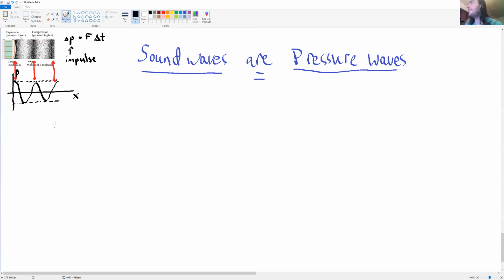Okay, so the answer to this question is that it is the same. In general, sound waves and pressure waves are the same. Any sound is going to create these pressure variations in the air.